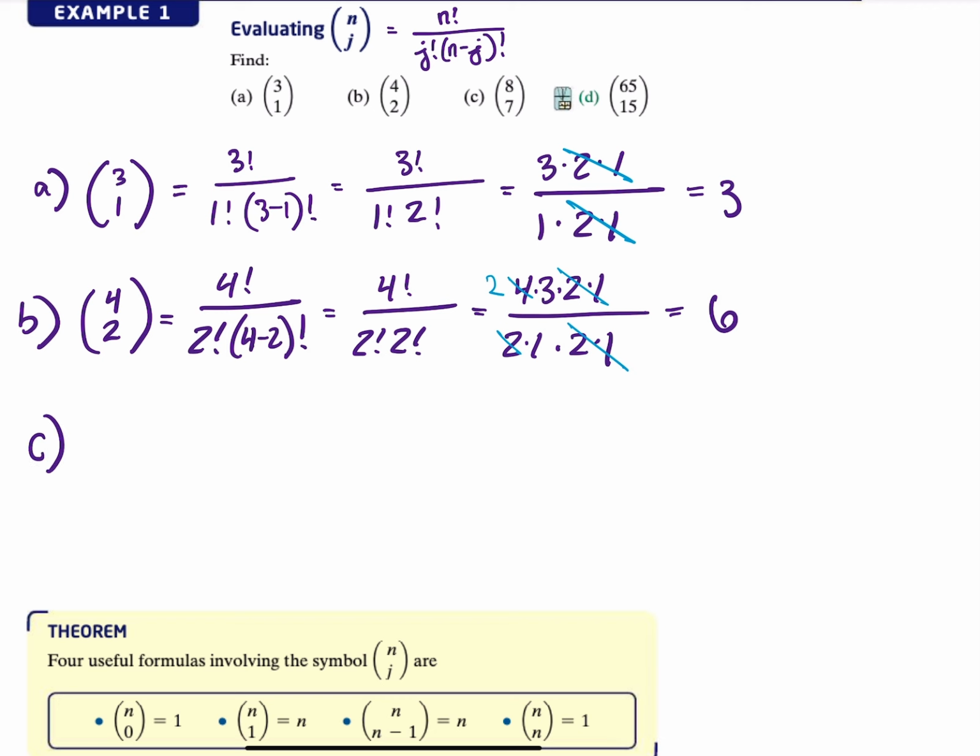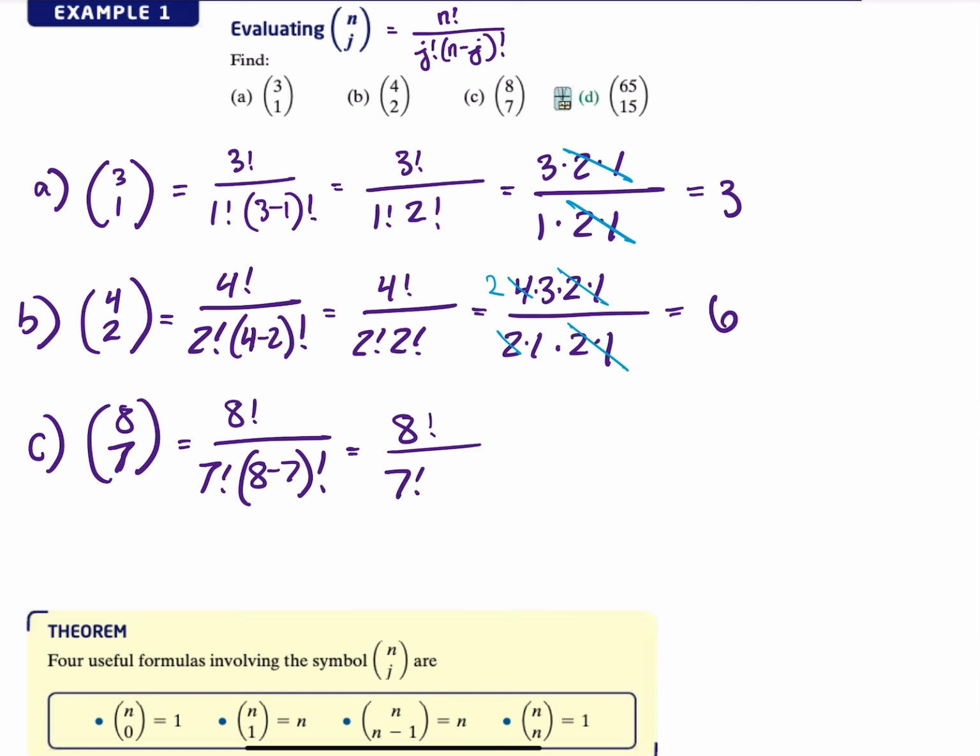Part C, we have 8 choose 7. So this will be 8 factorial over 7 factorial times 8 minus 7 factorial. So that's 8 factorial over 7 factorial times 1 factorial, or 8 times 7 times 6 times 5, 4, 3, 2, 1 over, notice 7 factorial will just be from 7 onward here, 7 times 6 times 5 times 4 times 3 times 2 times 1.